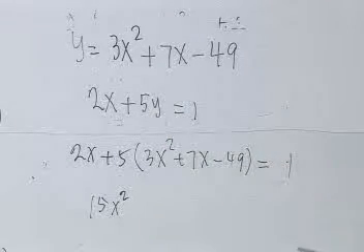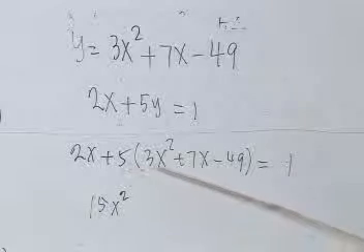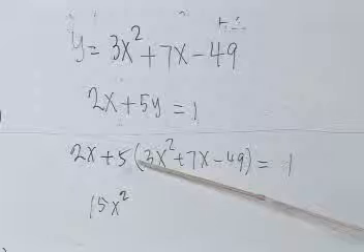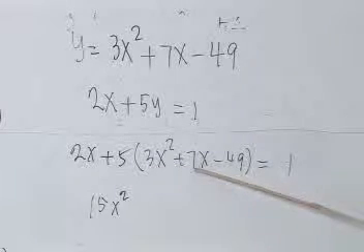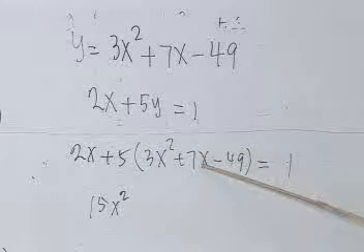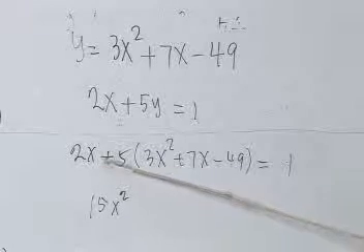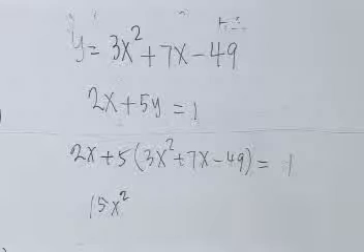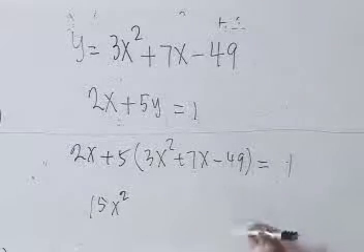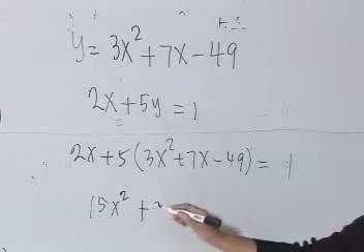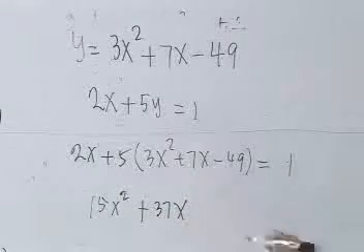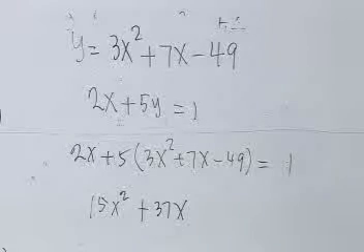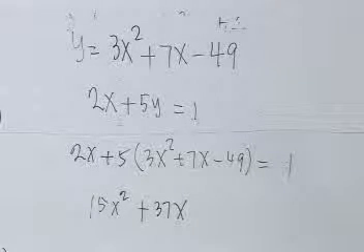So simplifying, 5 times 3x squared is 15x squared. And then, 5 times 7x, what's that? 35x plus 2x, that will give us 37x. And then, 5 times negative 49, what is it equal to? 245.